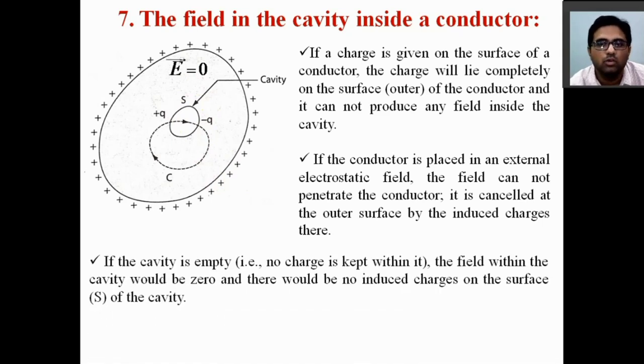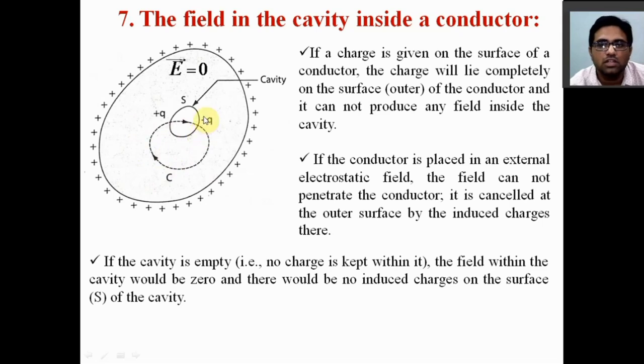Now, why will this happen? Let's prove that. Suppose there is a field inside the cavity and induced charges are there on the surface of the cavity. So, a field line within the cavity starts at the positive charge, that is plus q, and ends on the negative charge minus q on the surface of the cavity.